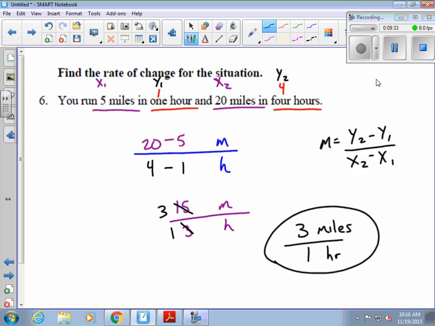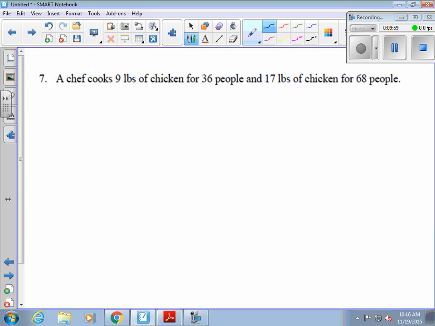The number 3 is the number that goes into itself. I knew something was a little bit different right there. Down here at the bottom, the number 3 goes into itself. This is correct, 1. The number 3 goes into 15, not 3 times, it goes into 15 5 times. I knew something looked a little funny. 5 miles per 1 hour. Now we got it right. 5 miles per 1 hour.